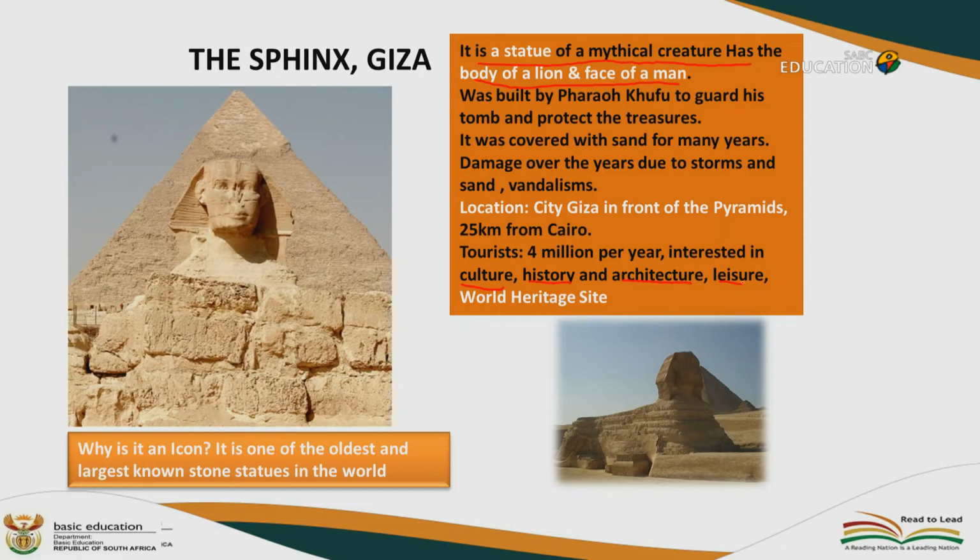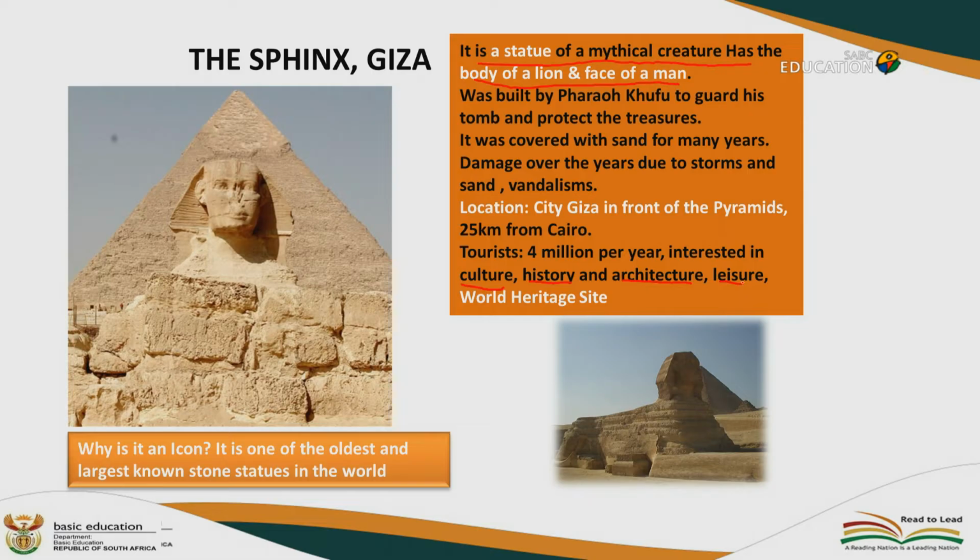It is one of the oldest and the largest known stone statues in the world. It's a statue. What does it tell you? Is it man-made or is it a natural one? Grade 12, you remember our first lesson, we had some exercises whereby you were able to identify whether it's an icon or an attraction. So check.